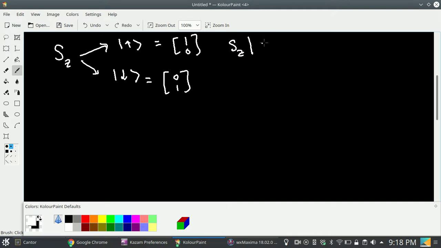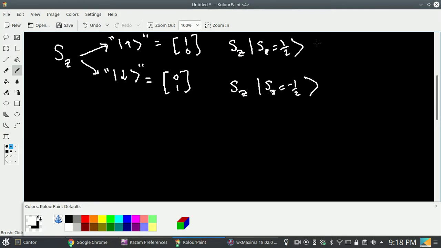Some people call the spin up eigenvector SZ equals positive 1/2. They call it that. All right, it's the same thing. And some people call the spin down eigenvector SZ equals -1/2, all right?